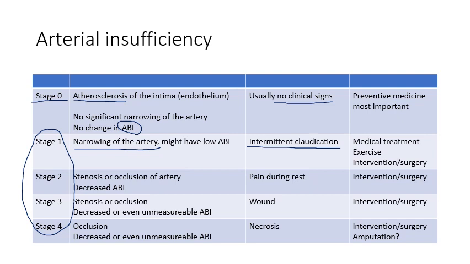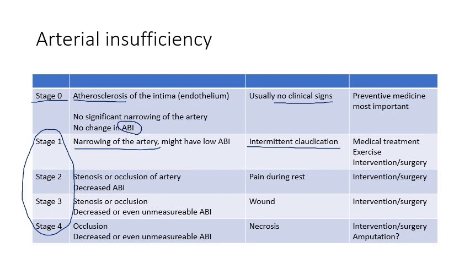And that is because these narrowing arteries, so the plaque buildup is so significant that when they try to increase the blood flow to the legs, they are unable to do so, and the leg will demand more circulation, and when the leg can't get more circulation, they will feel the pain.